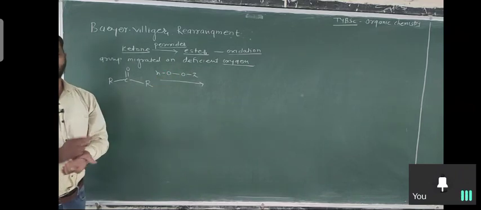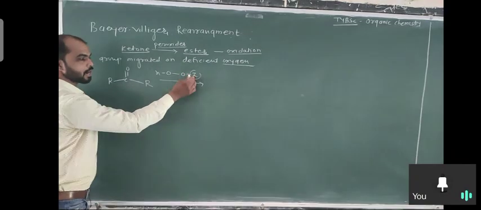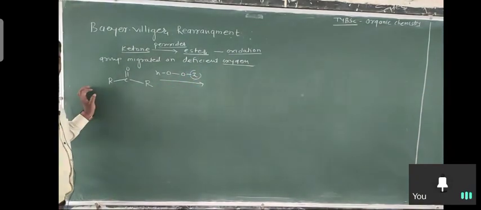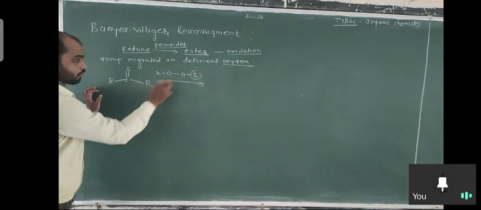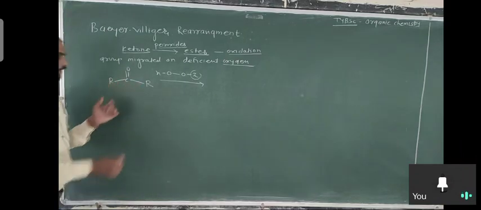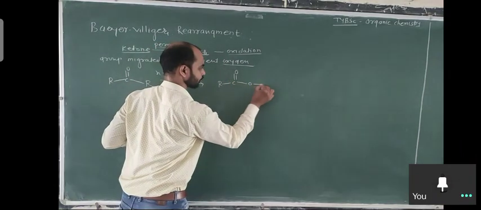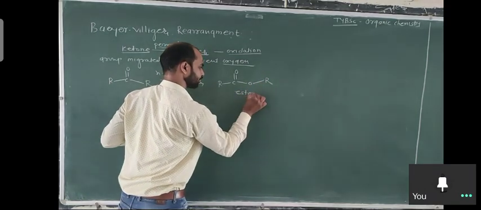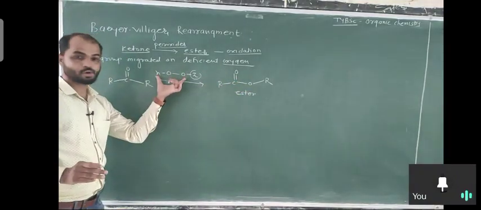So it is a peroxide. Z may be R, it may be an acyl group or any other group, because various reagents are used in that rearrangement for oxidation. So it will be converted into ester. So ketones are converted into ester in presence of peroxide.